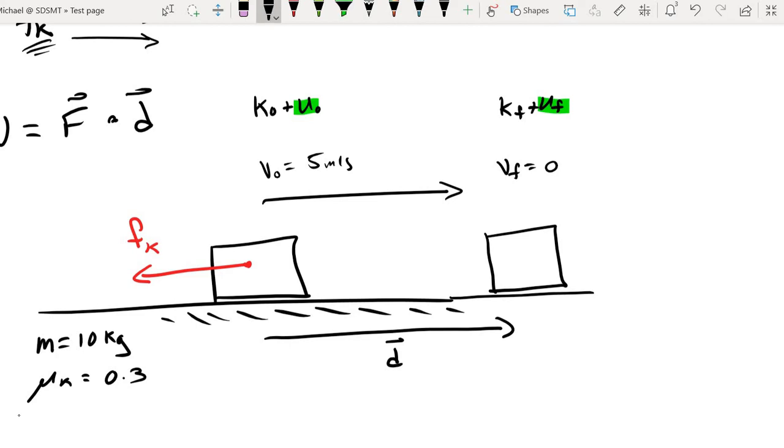Because we're on a flat surface, we are not changing our vertical positioning, and so really if I wanted to, I could just say that the mass is currently at a height of 0, and so both the initial and the final potential energies are 0. But even if they weren't, we maintain the same height the entire way through, and so the change in potential energy would be 0 for the system.